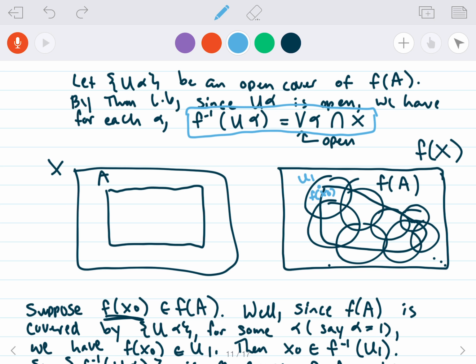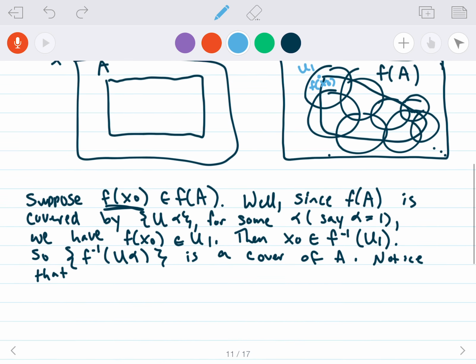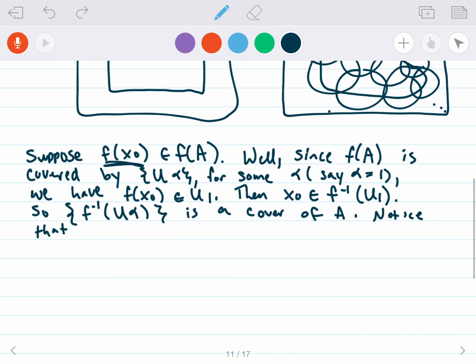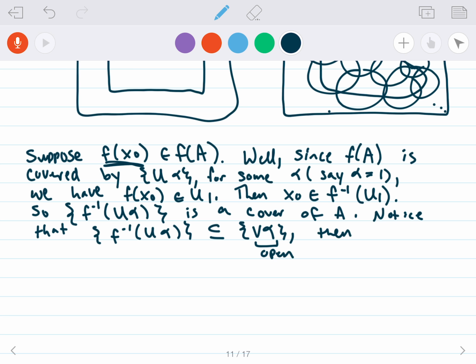Because this is equal to things in V alpha and X. And that's what we're going to utilize here. So notice that we have the pre-image of the U alphas completely contained in this collection of open sets. And because these are all open by our assumption, this collection is an open cover of A.